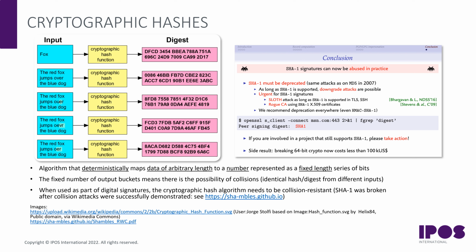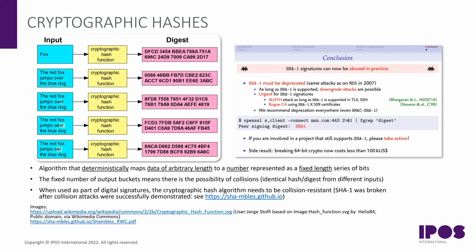Another important thing to note about cryptographic hashes is that they are also one-way compression functions, since they take in data of arbitrary length, can be any length, and produce outputs of a fixed length. So the fixed number of output possibilities gives rise to the possibility of collisions, and collisions refer to the situation where identical hashes are generated from different inputs.